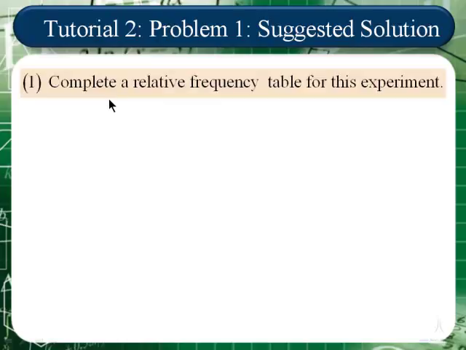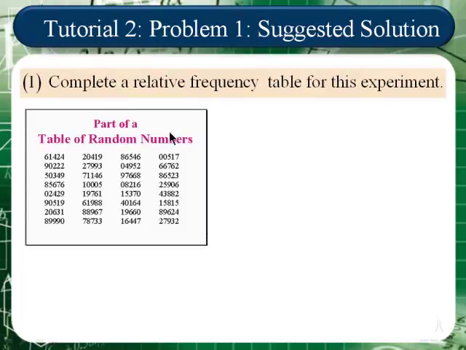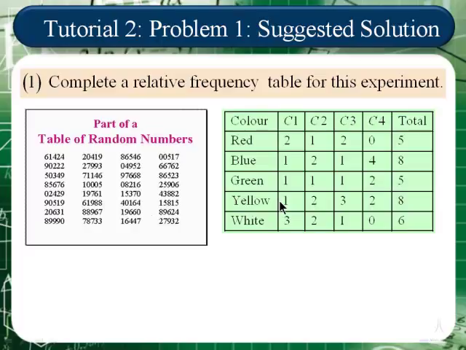Let us consider a suggested solution to the first problem from tutorial 2. So we want to complete the relative frequency table for this particular table. We utilize this table of random numbers and complete the table. Remember we said that if a number ends on 0 and 1, it will be recorded as red.